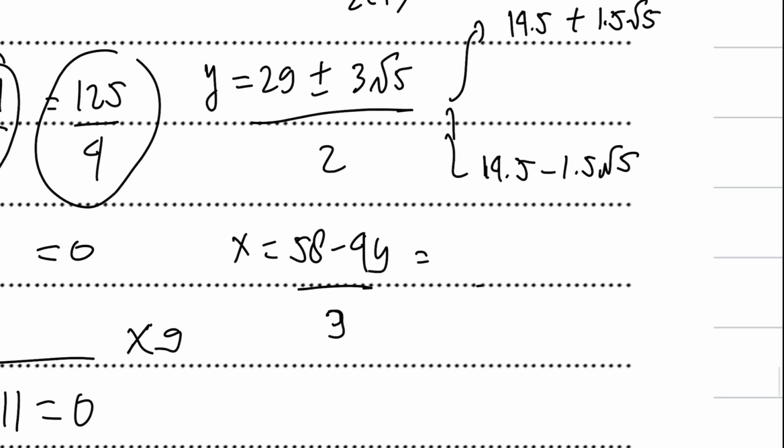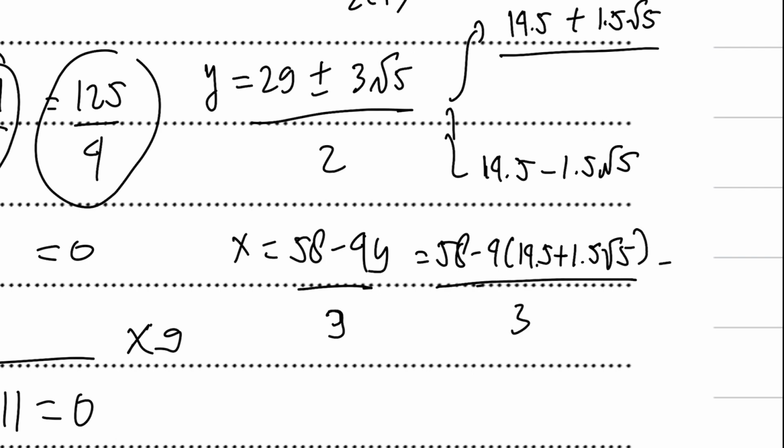The first y, we use this. 58 minus 4 times 14.5 plus 1.5 square root of 5, over 3. Let's use calculator. So we have 58 minus 4 times 14.5 plus 1.5 square root of 5, over 3.